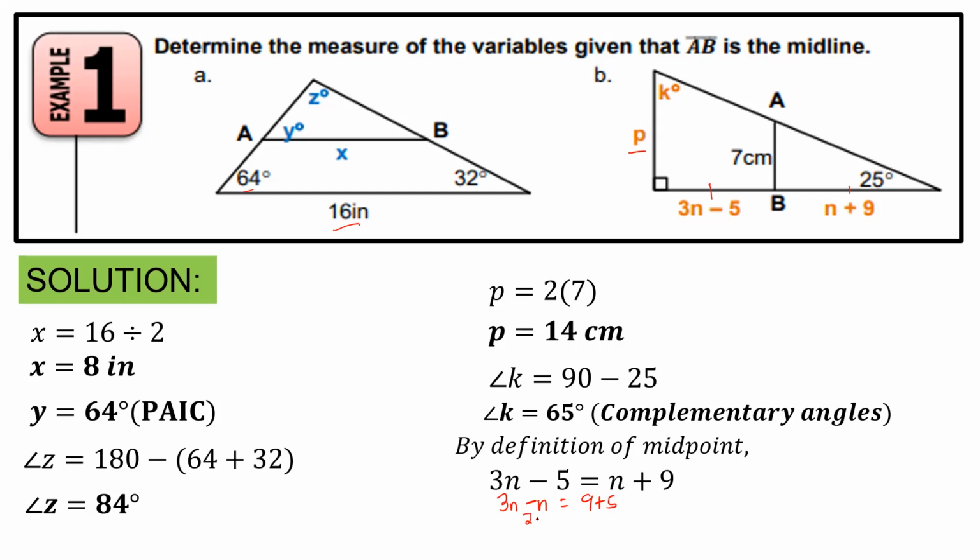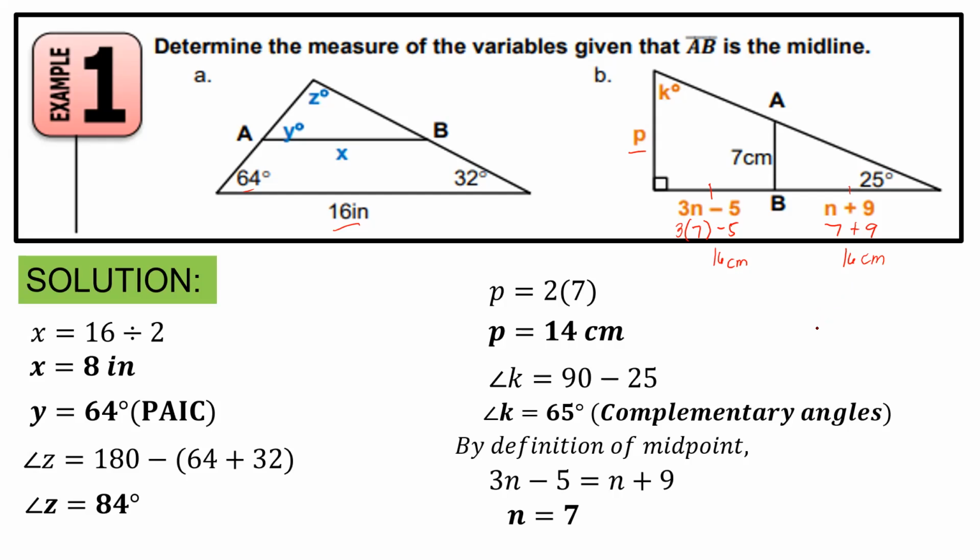Simplify it, we have 2n is equal to 14. Divide by 2. So the value of n is equal to 7. And substitute the value of n to the given. So we have 3 times 7 minus 5 is equal to 16. Write the unit centimeter. And for the other segment, 7 plus 9 is equal to 16. Copy the unit centimeter. Okay.